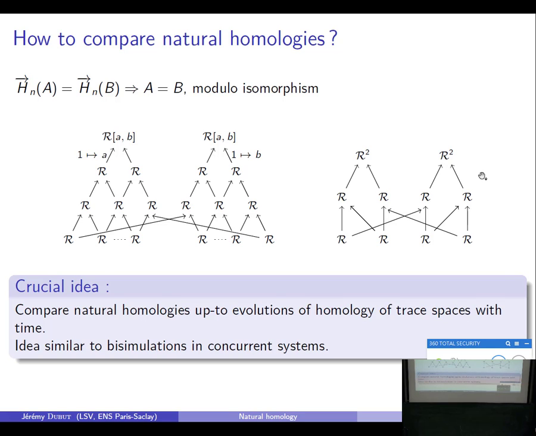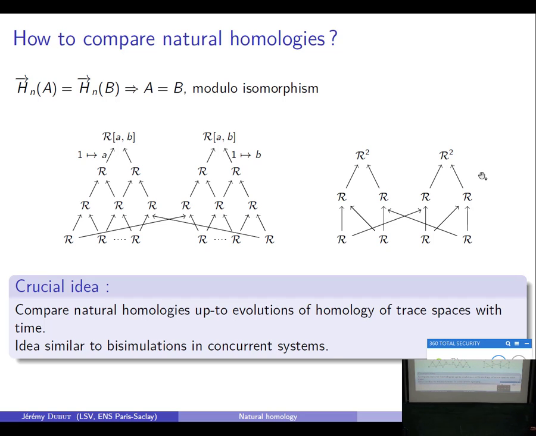What we want is that they have the same evolution of traces. And so it's natural to consider bisimulations to compare our constructions, because that's exactly what bisimulations do in concurrency theory. They only look at how things evolve with time.